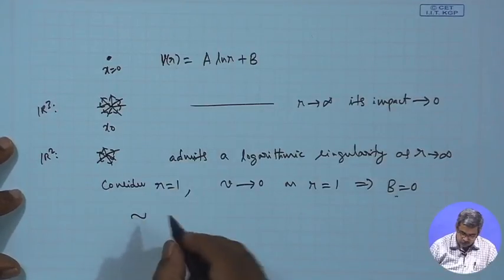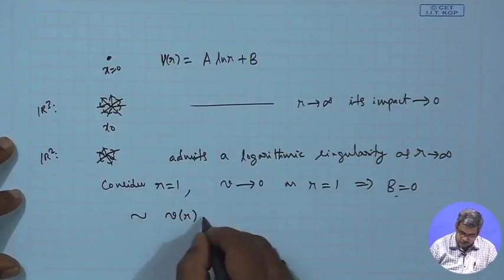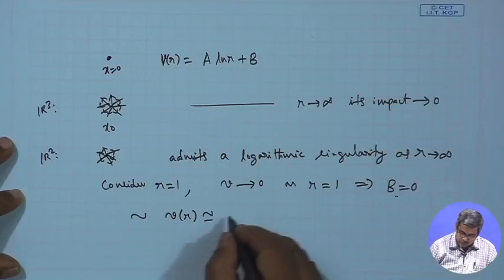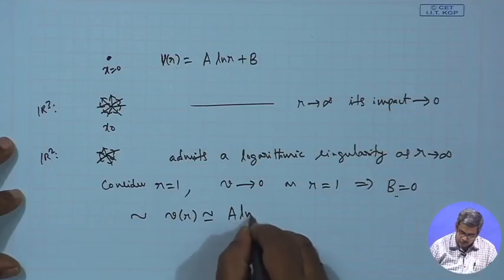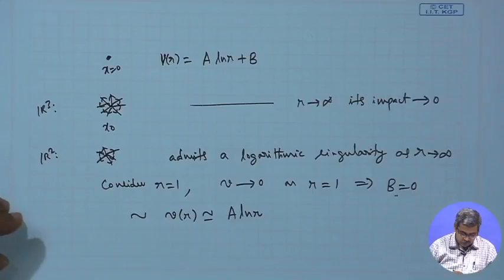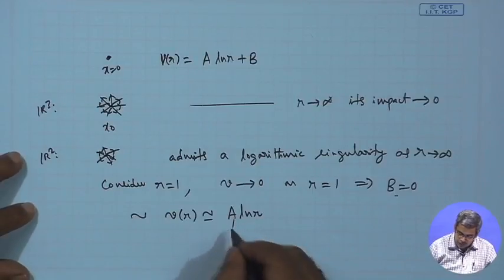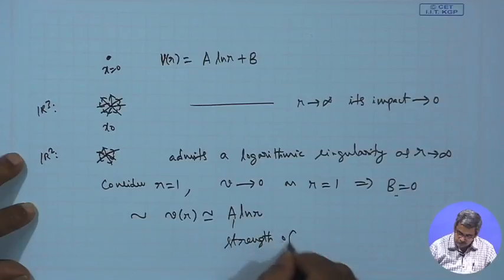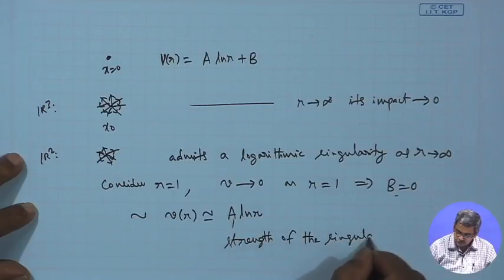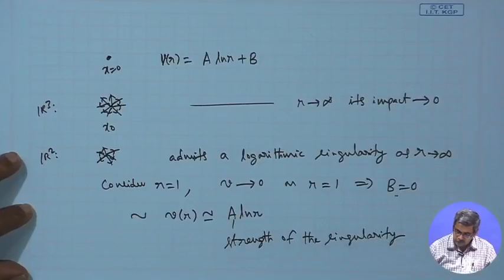Okay. So, that will indicate that V of r is behaving like A ln r. And what is this A? A is called strength of the singularity.